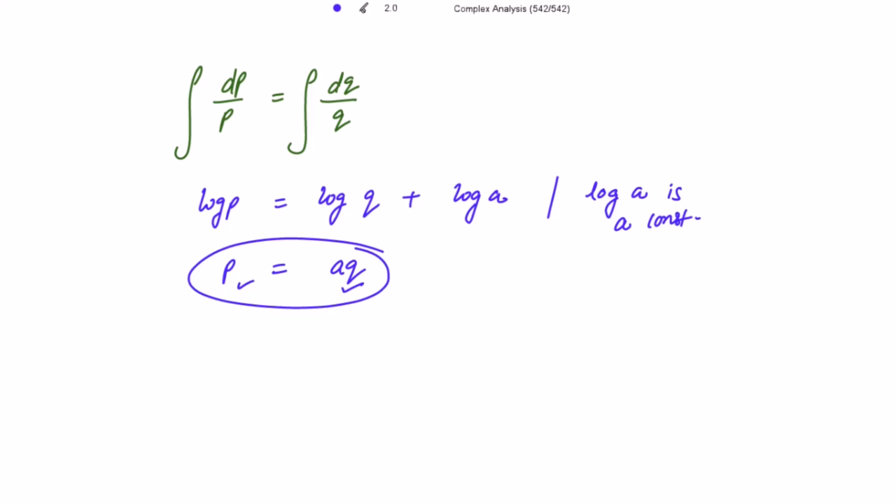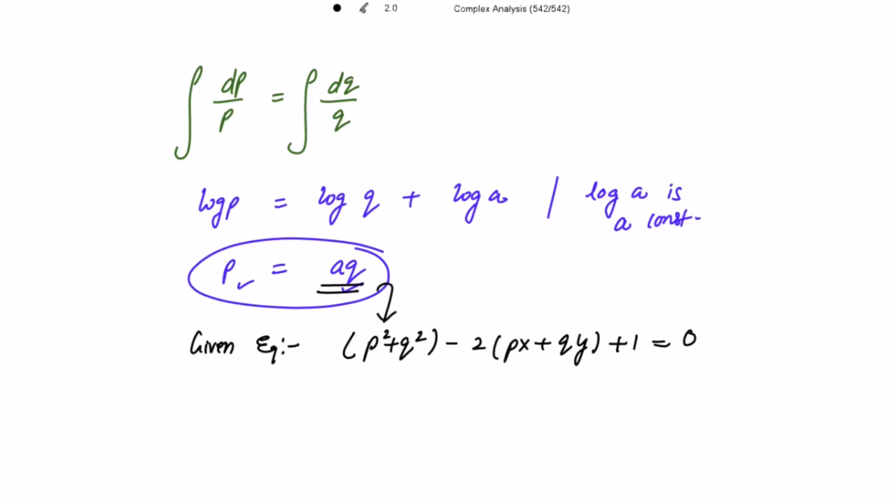How to get the values of p and q now? For that, let's use the given equation. Let's use the value of p as aq over here to get the value of q. When we put the value of p over here, we are getting the value of q in terms of x, y. So when putting the value of p, we get a square q square plus q square.